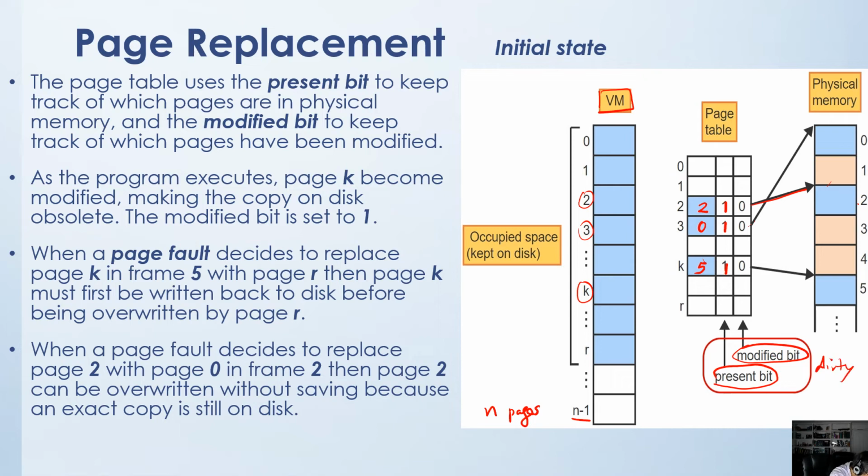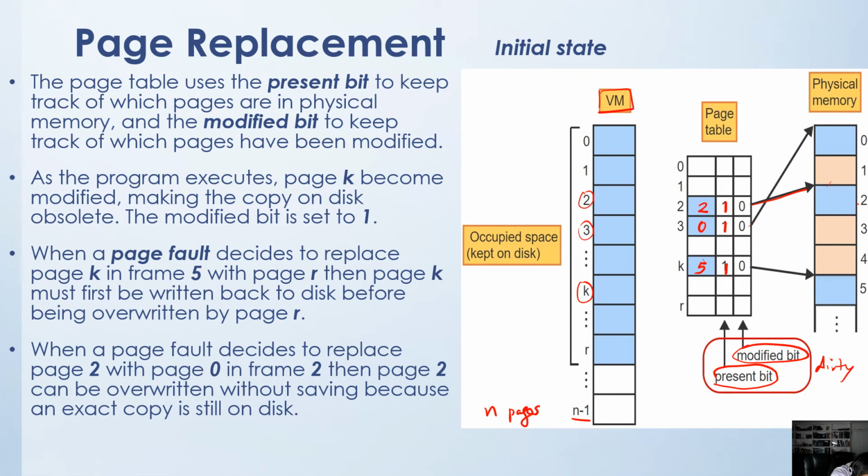So the modified bit keeps track of which pages have been modified. Initially, once page 2, 3, and K are loaded into different frames in the physical memory, these pages haven't been modified yet.